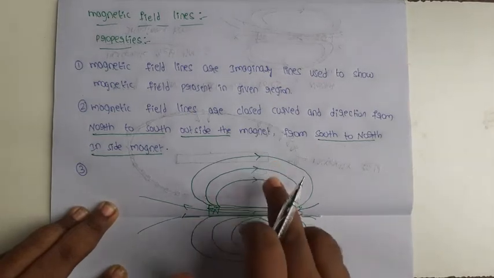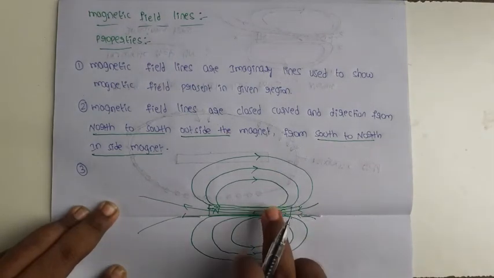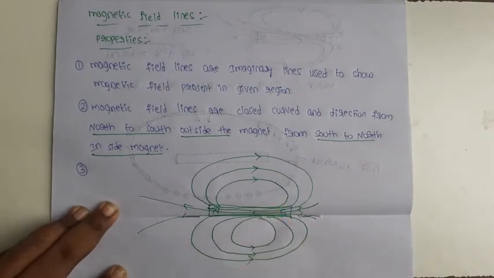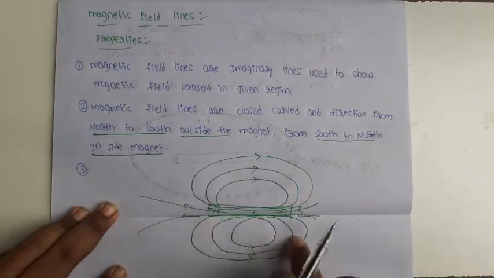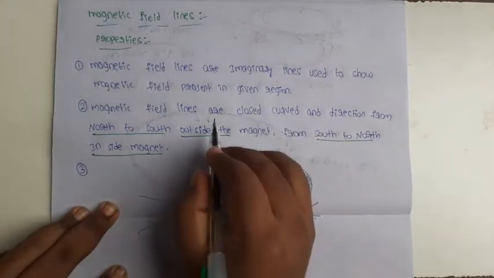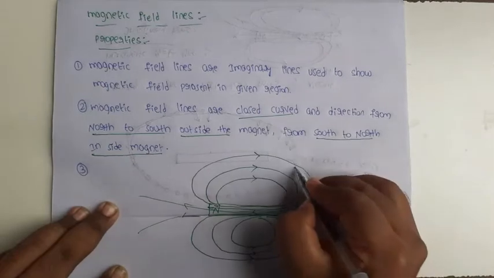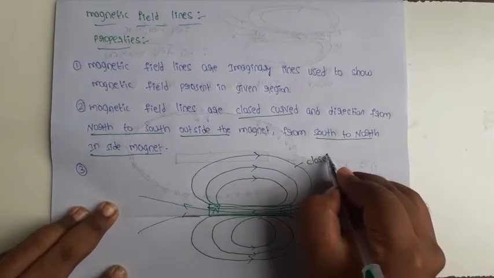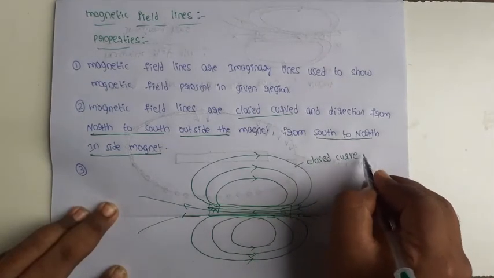These lines are called magnetic field lines. What is the shape of the magnetic field lines? Closed curves. These are called closed curves.